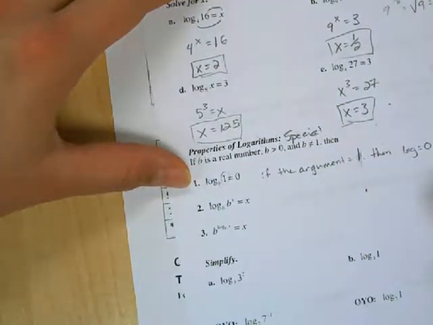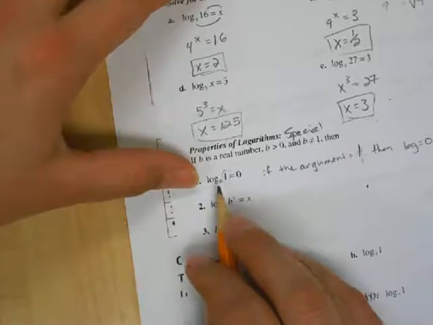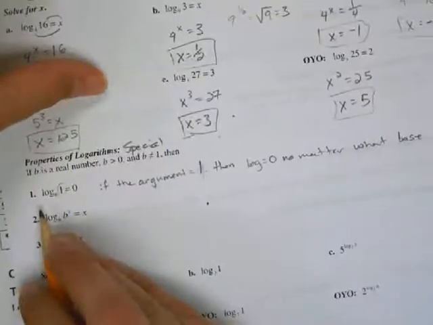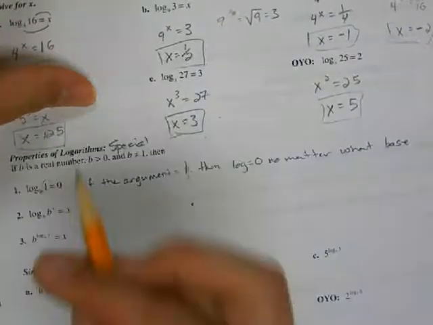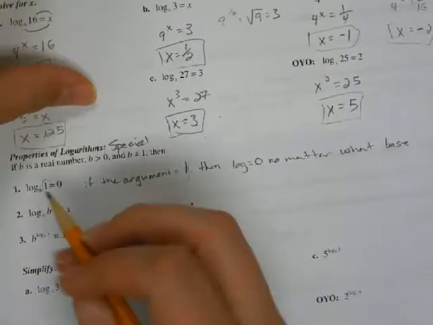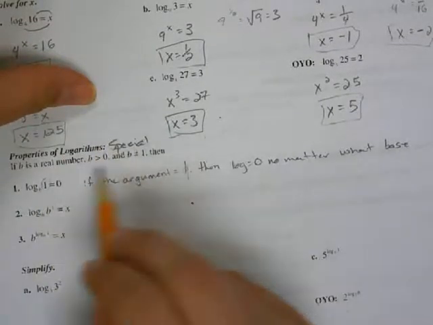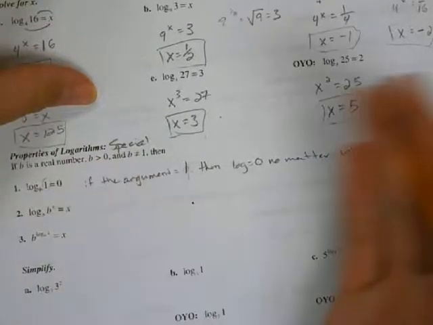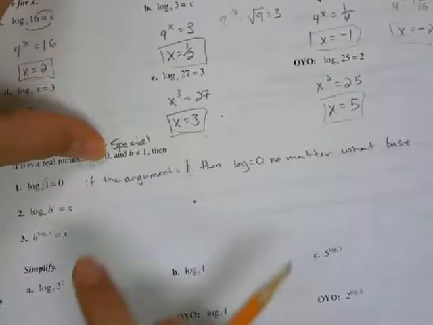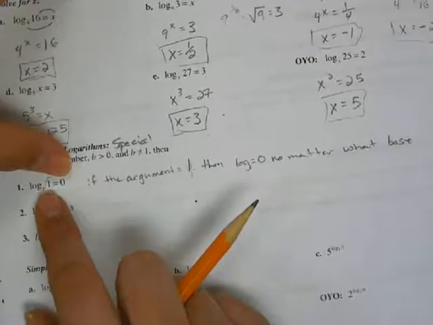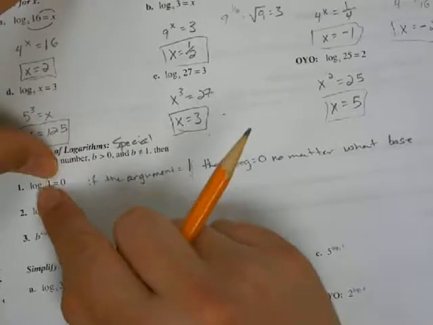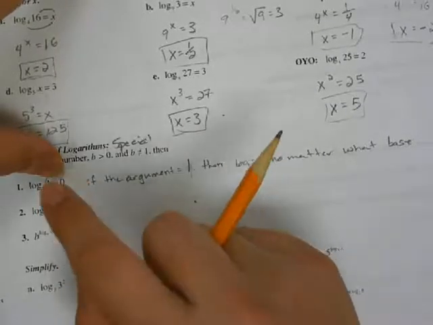That's what that is saying. That's why they use this generic b. It means no matter what that base is, as long as it meets these parameters up here, so it's got to be positive and it can't be 1, if the argument is 1, then the answer is 0.